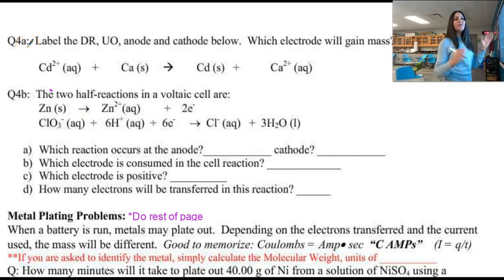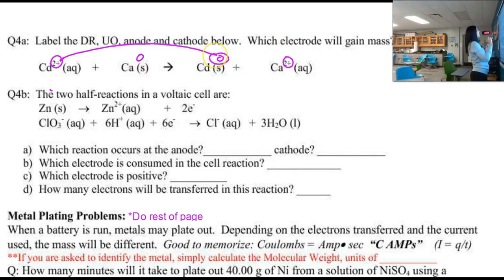Okay, so it says label the reduction and oxidation, anode and cathode, and then which one was actually going to gain mass. All right, so let's see if we can figure this out. I've got this going to a 0 charge. This is a 0 going to a +2. All right, so we've got that connected. The charge is going down. That must be my reduction, which means this must be my oxidation. So where's my anode, where's my cathode?